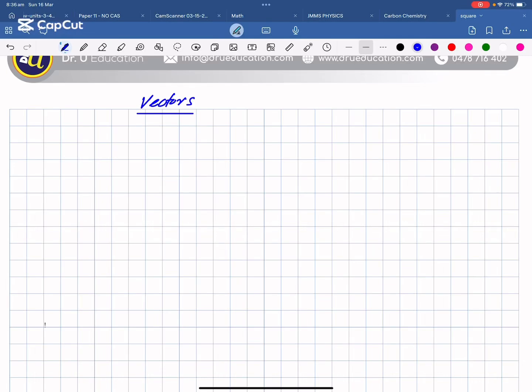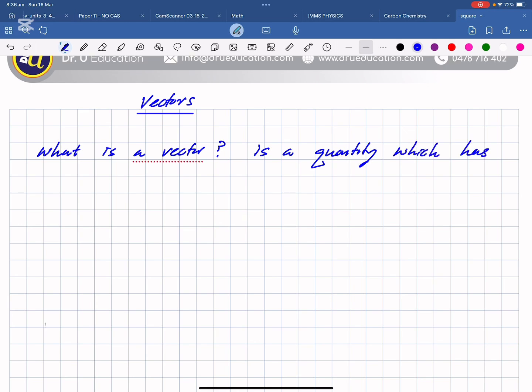So mainly we have to understand what is a vector. So what is a vector? A vector is a quantity which has a magnitude and a direction.